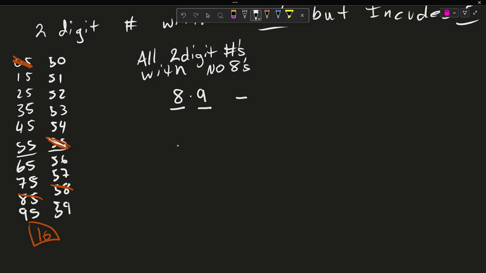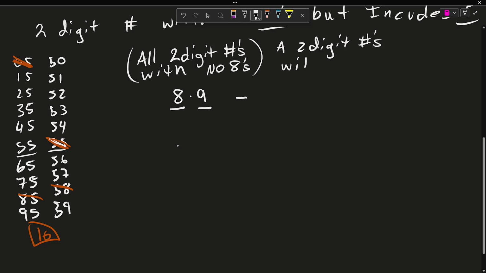And now I'm going to subtract all 2-digit numbers with no 8's and also nor 5's.